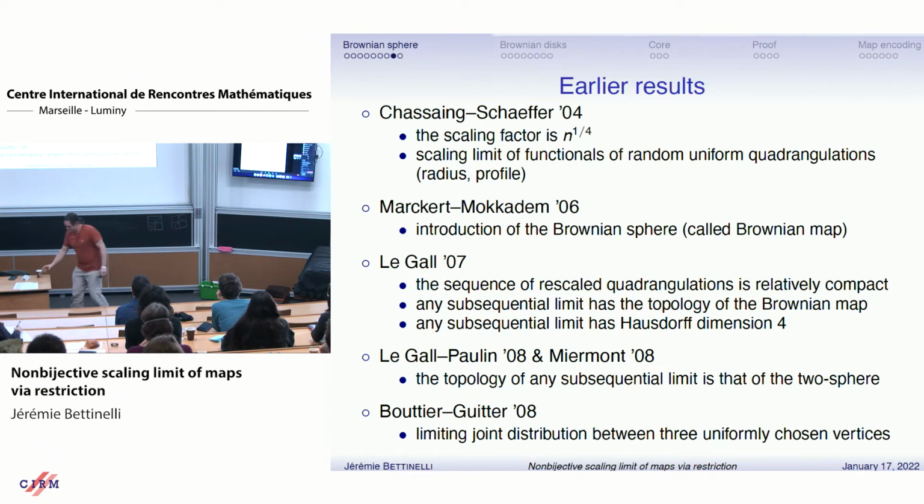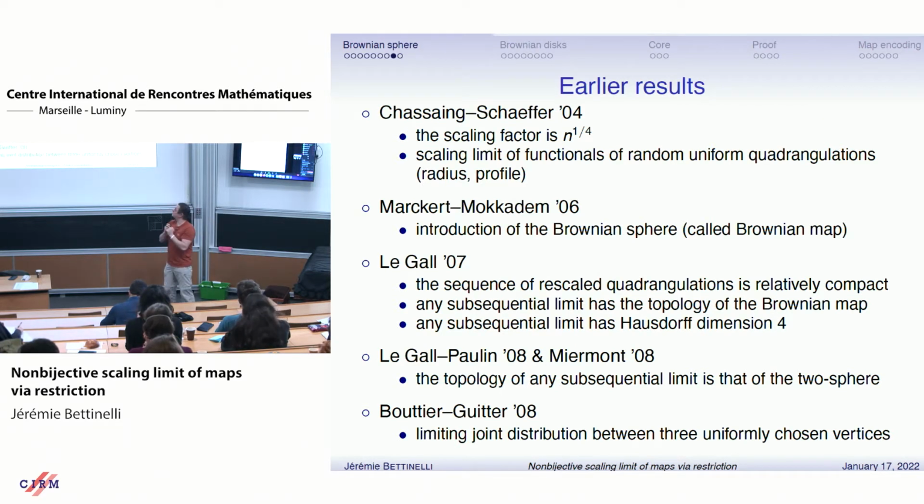Let me talk about some earlier results to complete the presentation. First of all, in 2004, Chassaing and Schaeffer observed that the scaling factor was n to the 1/4. And they showed the scaling limit of some functionals, typically the diameter, the radius, and the profile.